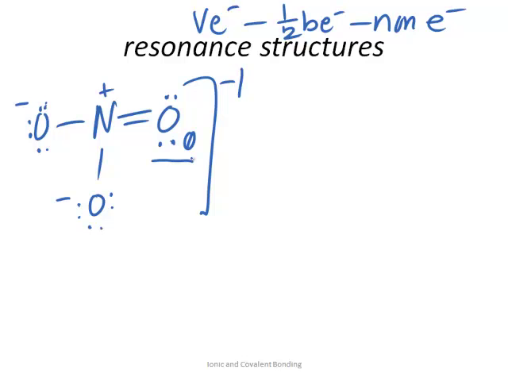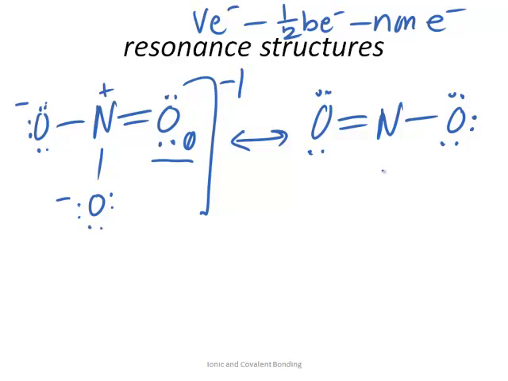electrons. But why didn't we write this structure, the oxygen atom on the left with the double bond? Okay, that in turn would cause the oxygen on the left to have the 0 formal charge, nitrogen still +1, and the other two oxygens -1.